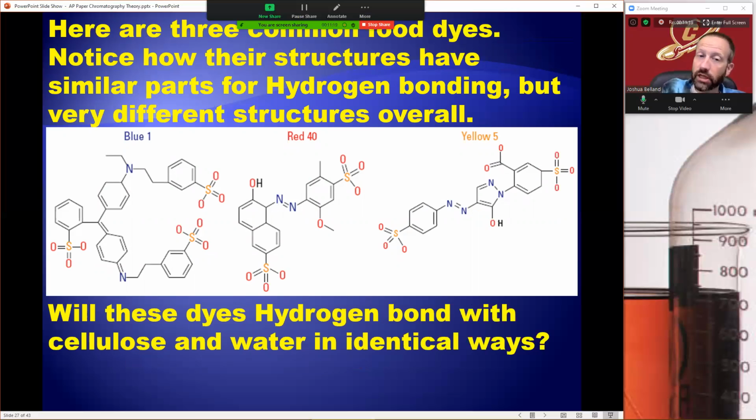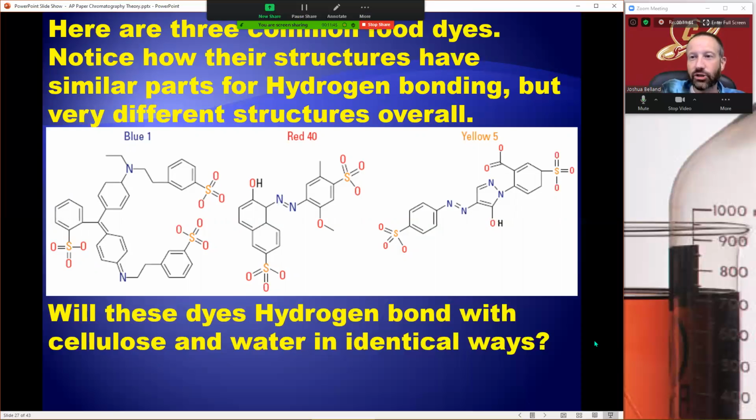Do you notice similarities in their structures? You should, absolutely. But are their structures identical? No. And if the structures are not identical, they won't bond identically. So they won't move identically.